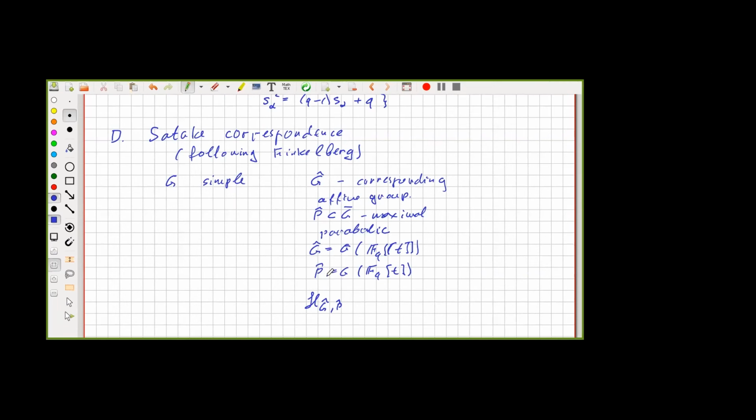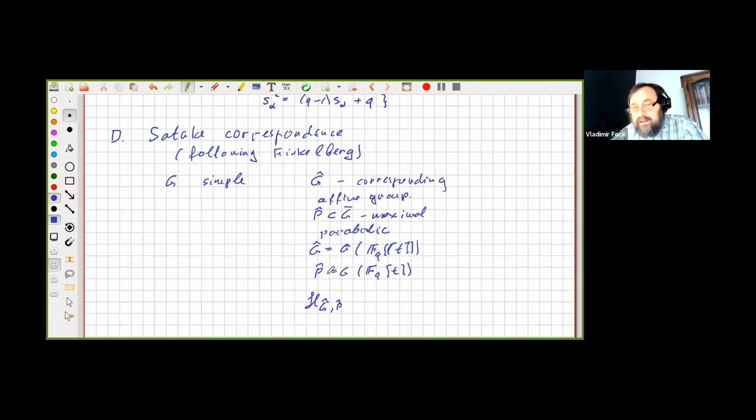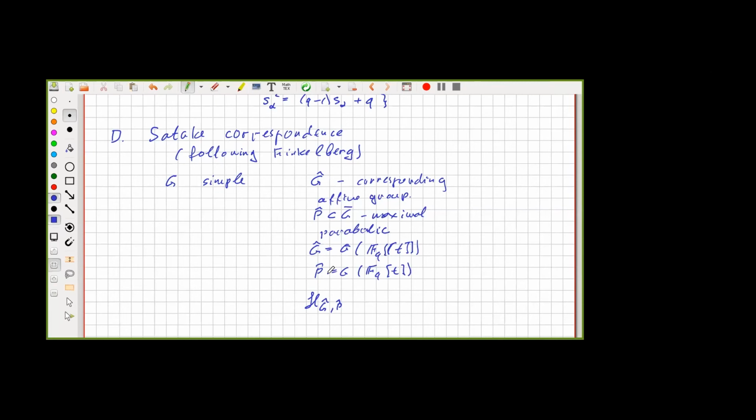Sorry, can I ask a question? Isn't this the field of Laurent series and the field of Taylor series, as you say? Right, but the second is the ring, and the notation is different for Laurent series.